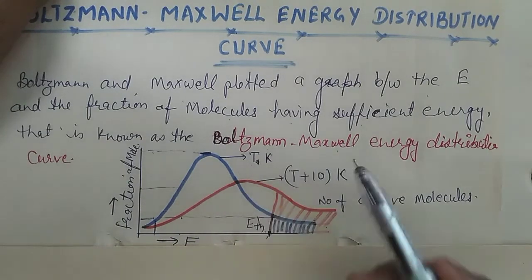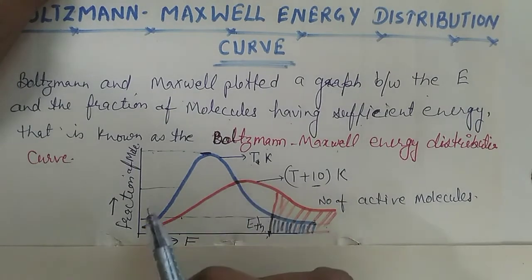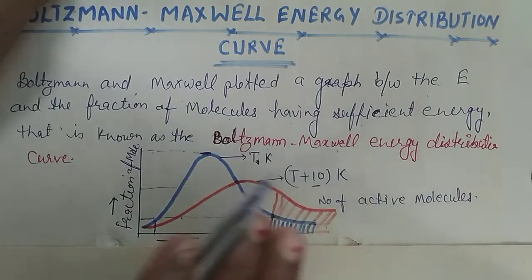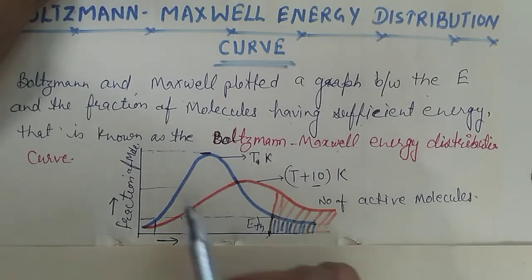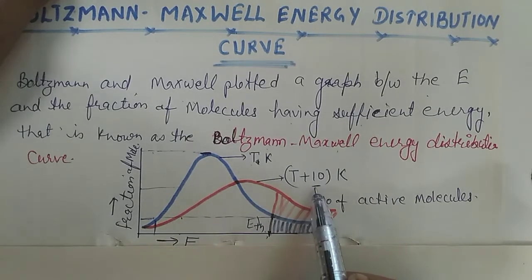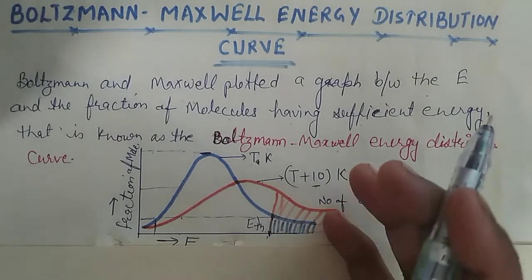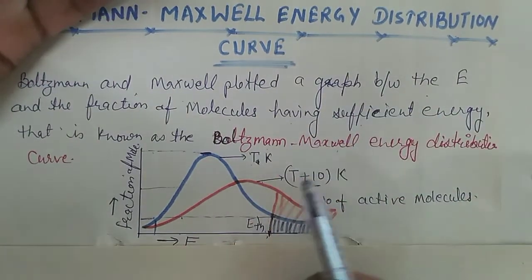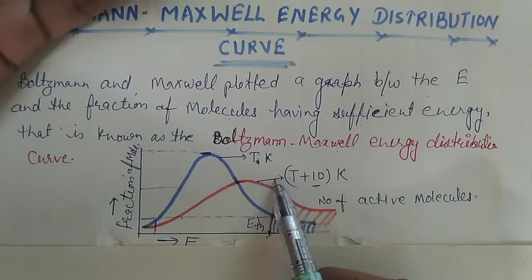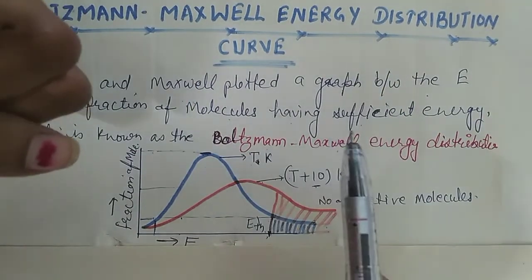When we increase the temperature of the reaction by 10 Kelvin, the graph is flattened and shifted to the right side. This means that when temperature is increased, the kinetic energy of the molecules increases. As kinetic energy increases, the number of collisions between the reactant molecules increases.